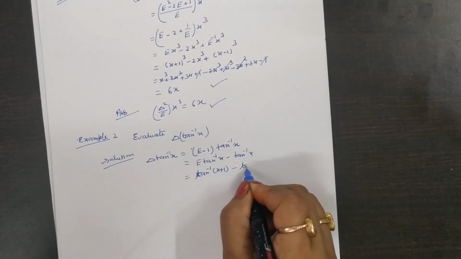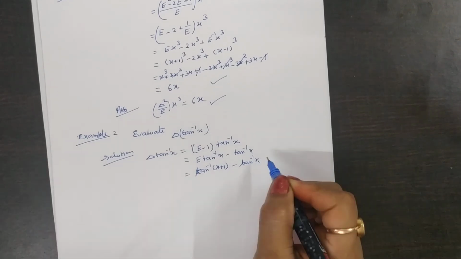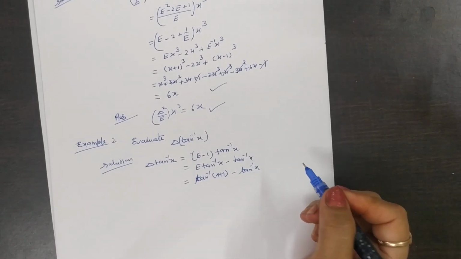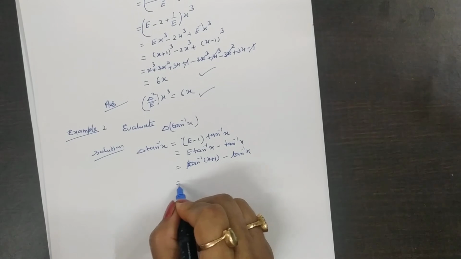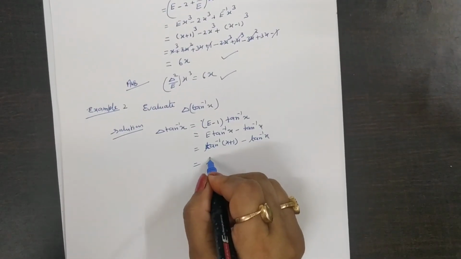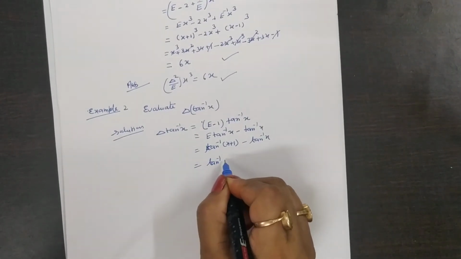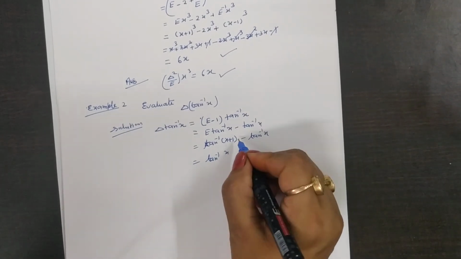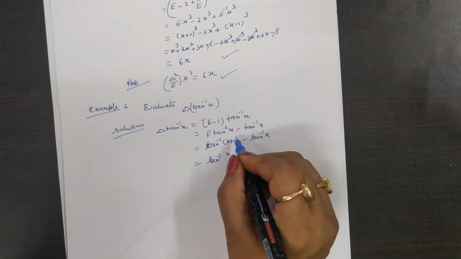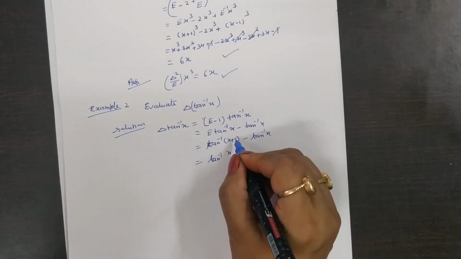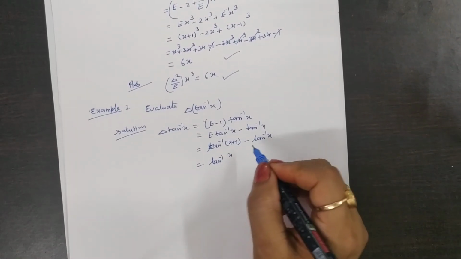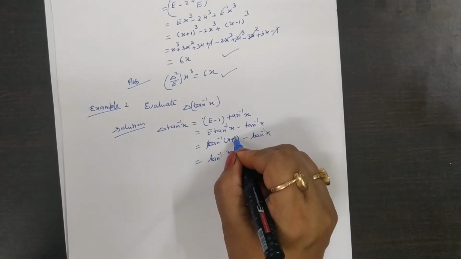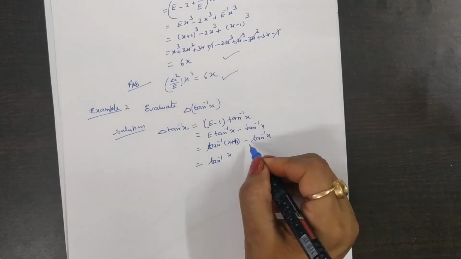minus tan inverse x. And you also know the property of tan inverse a minus tan inverse b, which can be written as tan inverse of (a minus b) divided by (1 plus ab). If the difference is not given, you can write f of x plus h.